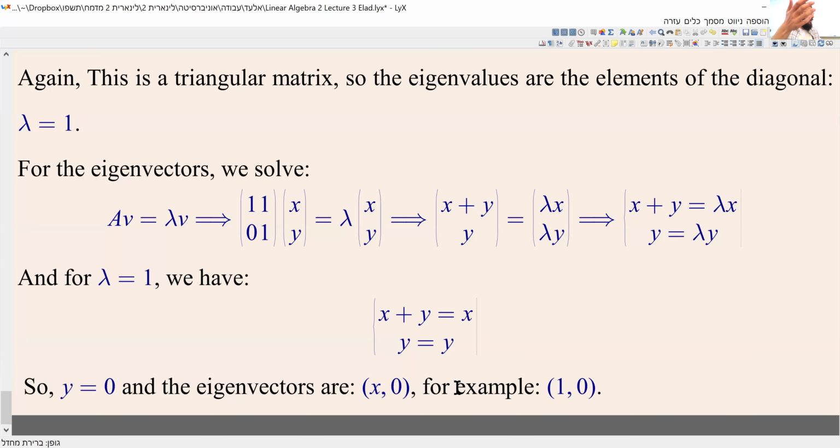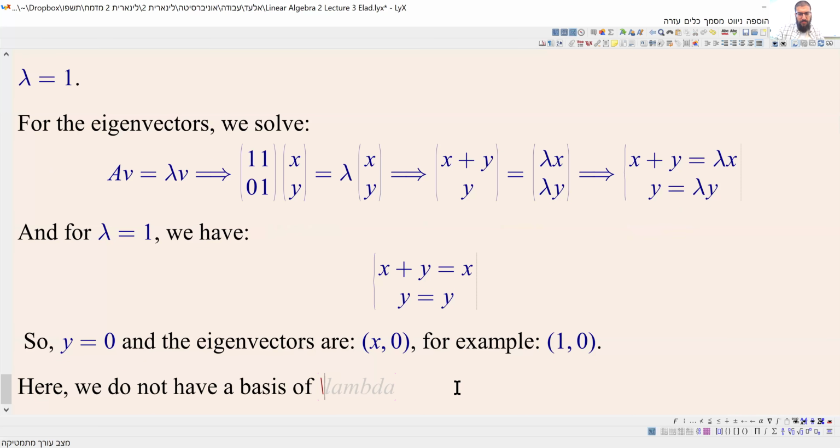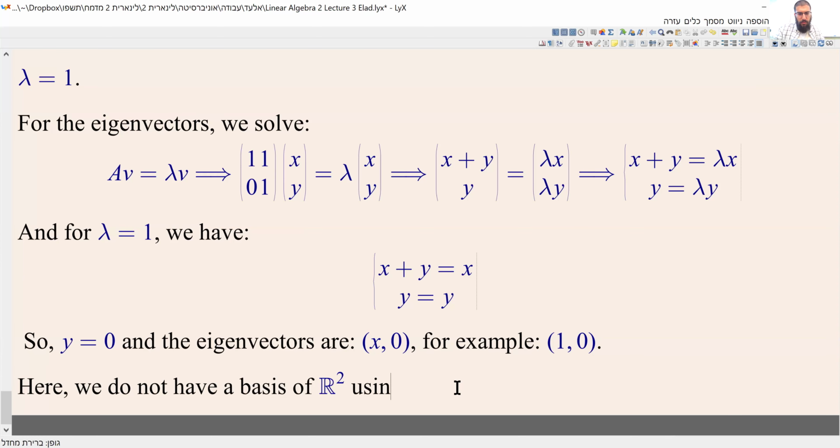Now, no matter how hard you try, you won't get a basis of R2 using only eigenvectors. Here we don't have a basis of R2, or whatever the field is, containing only eigenvectors.